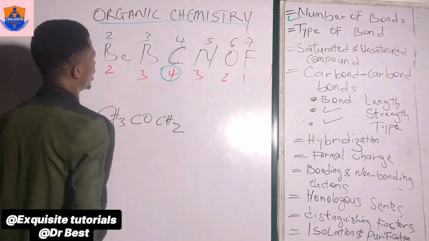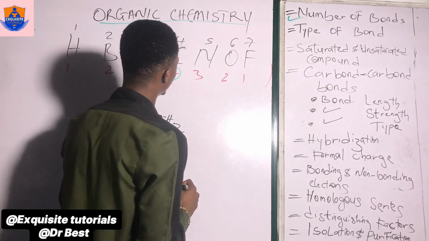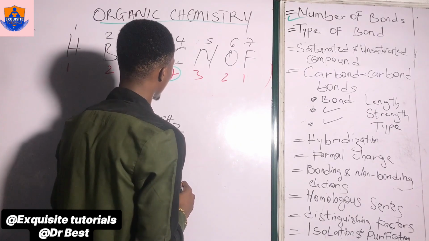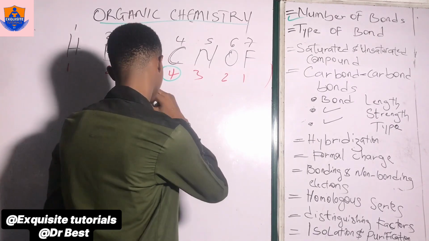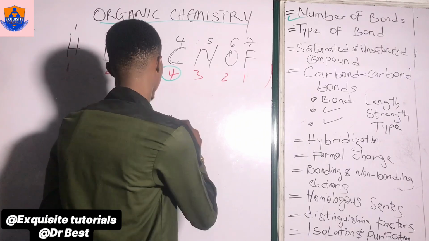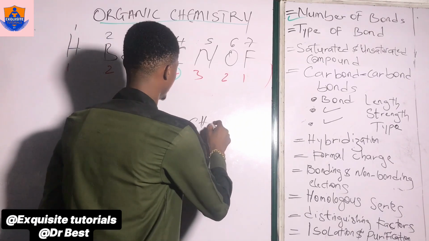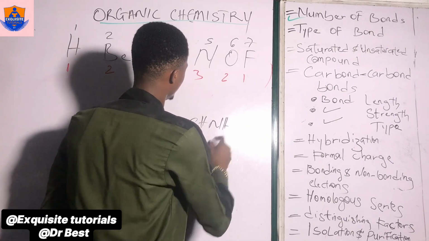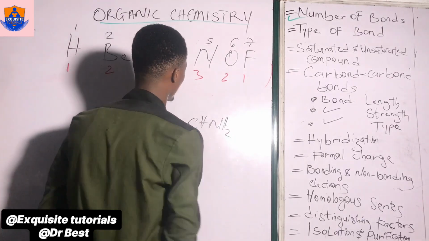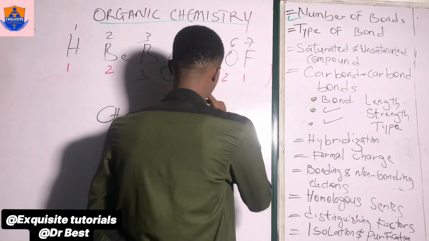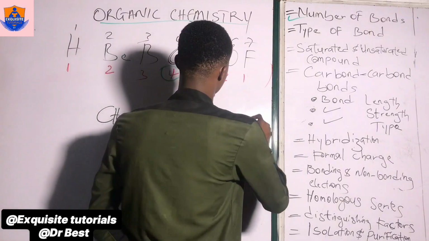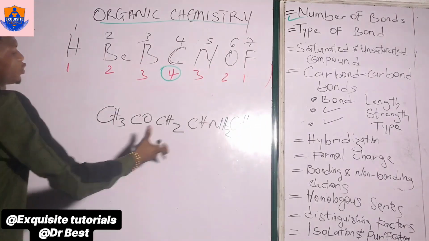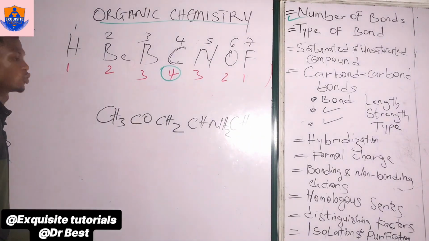Should we bring in any other compound here? A CH2. We'll have a CH, NH2, and a CH3. Now, you are asked to bring out the structure of this compound.